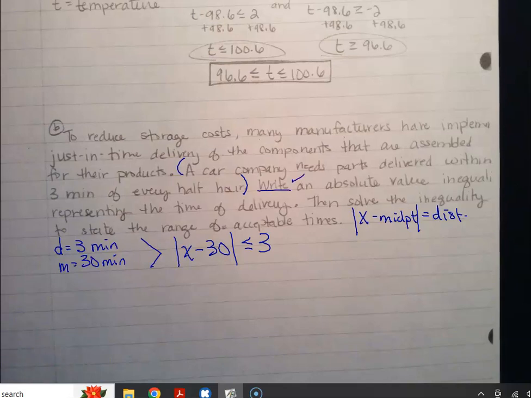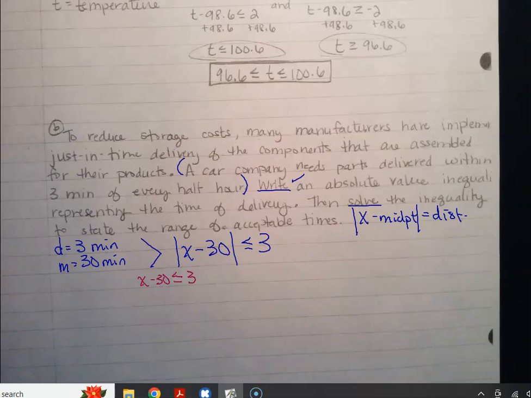Okay, so it says to write the absolute value inequality. Check, we've done that. Then solve. So we need to do the solving part. Cheyenne, give me one expression. Not if we have less than or equal to. If we keep this sign, we want to keep this number.